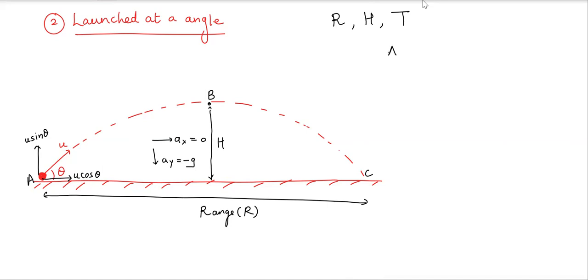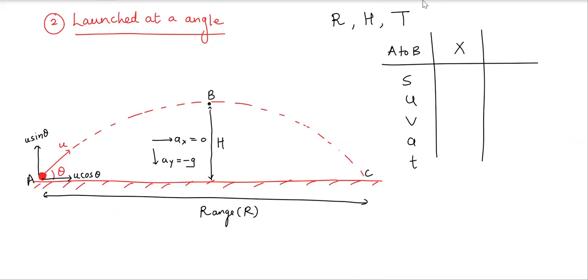So if I make a table from A to B, with S, U, V, A, T in x and y direction, the displacement in x direction won't be the entire range but half of the range. Then displacement in y direction will be h.